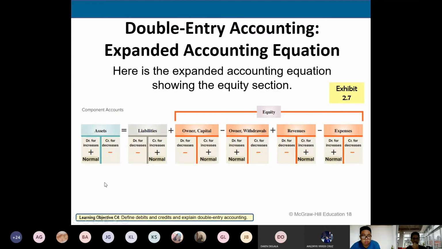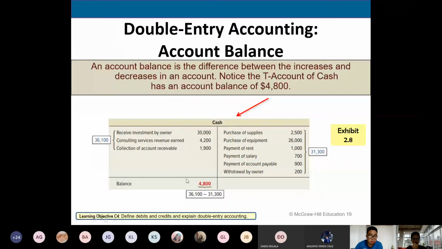Account balance is the difference between the increases and decreases in an account. Tama? Okay. Pag malaki ang debit sa credit, anong tawag natin last time?